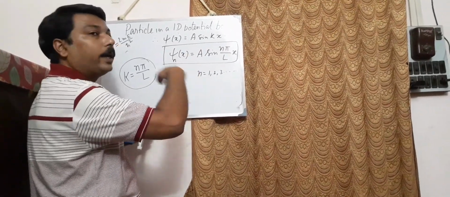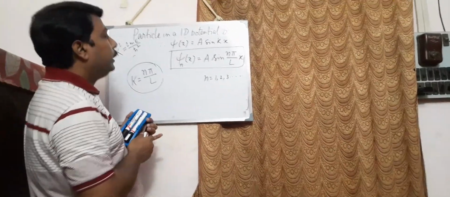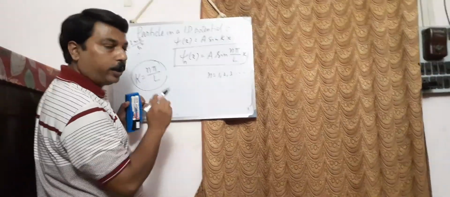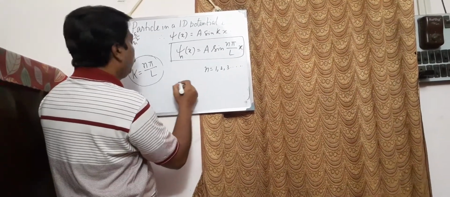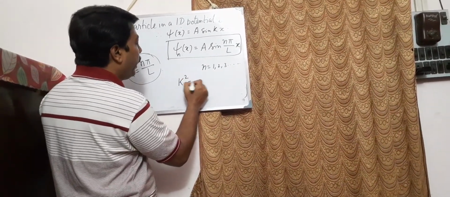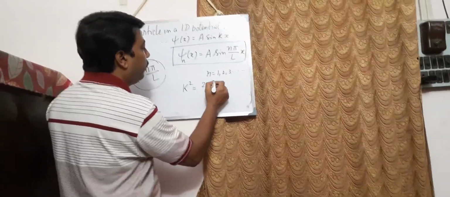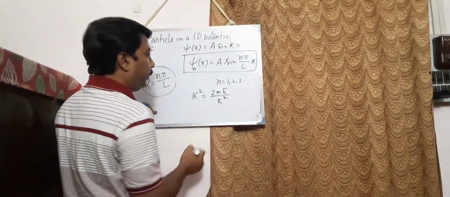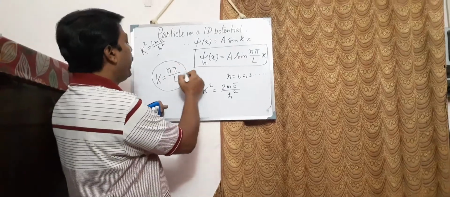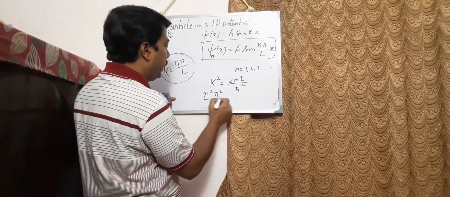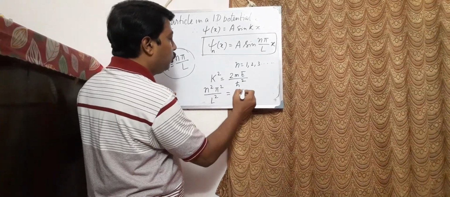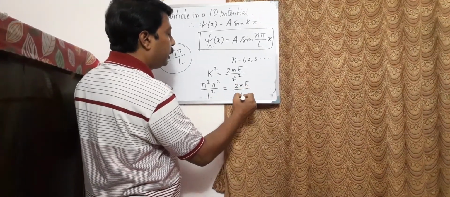What do these wave functions correspond to? These wave functions correspond to the different energy values. Look, k square was 2mE by h cut square. Now k turns out to be n pi by L. So basically n square pi square by L square is 2mE by h cut square.